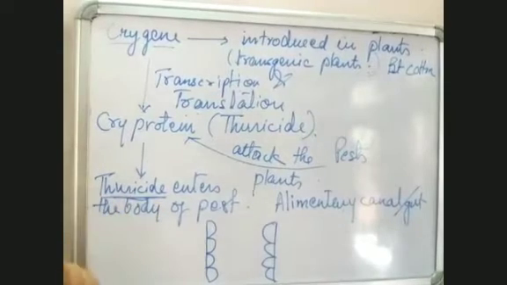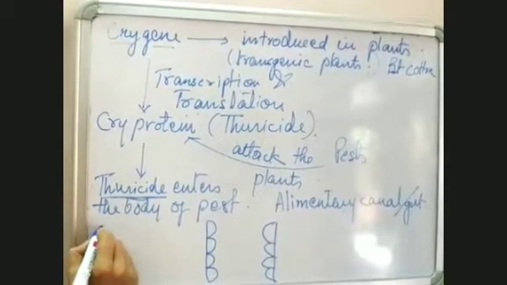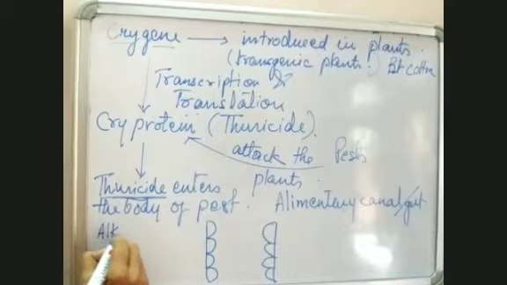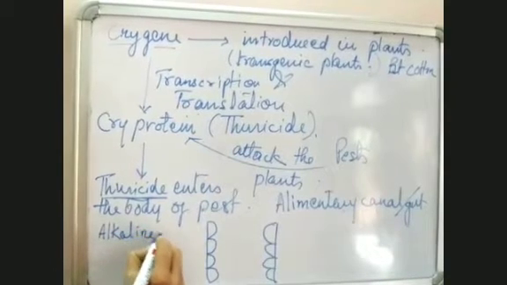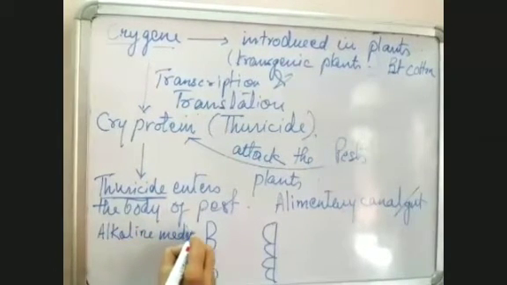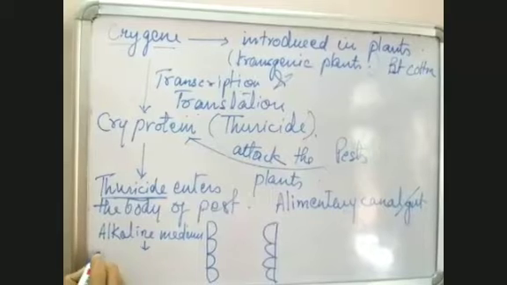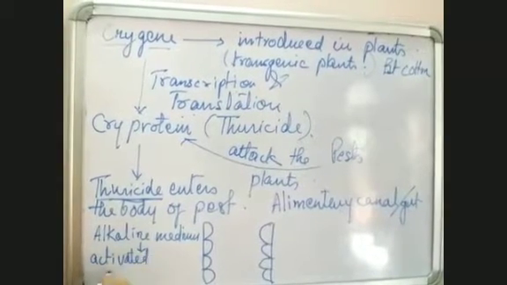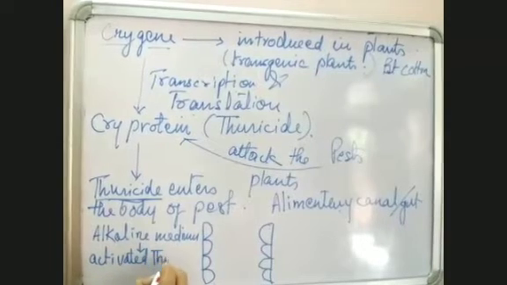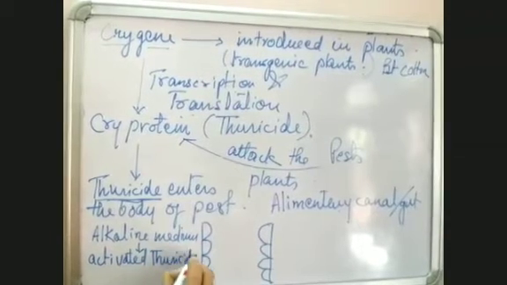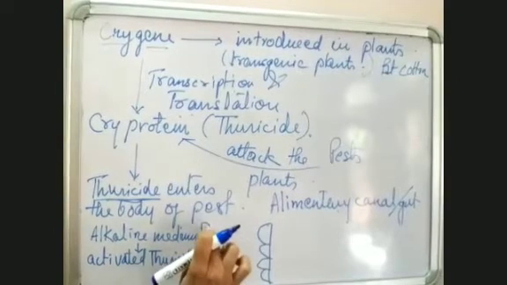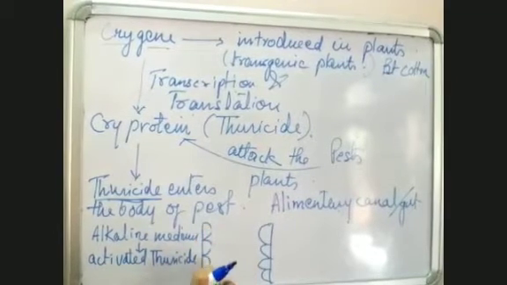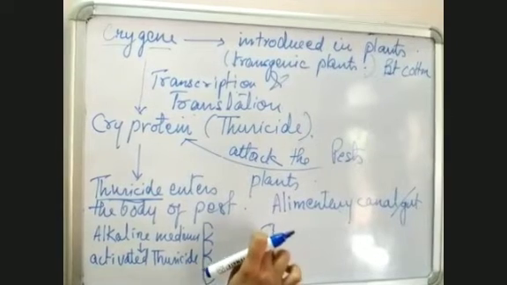So in the alkaline medium, we get activated thuricide. Now, what does this activated thuricide do? This activated thuricide makes pores in the epithelial cells of the gut.